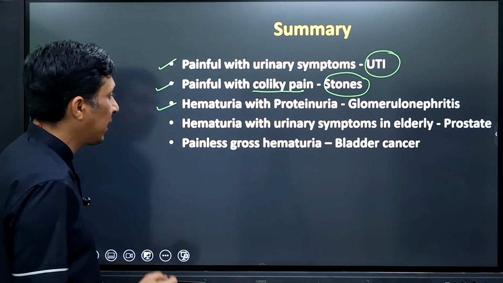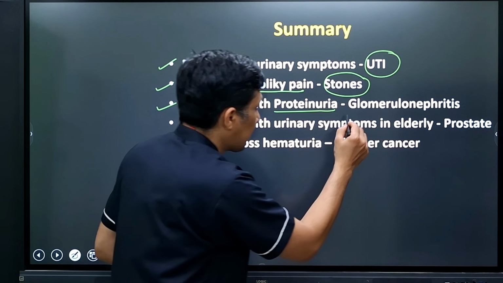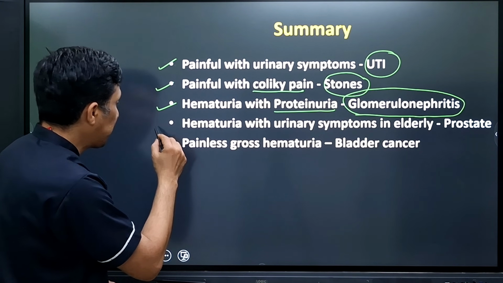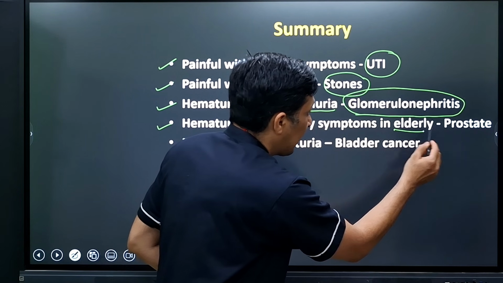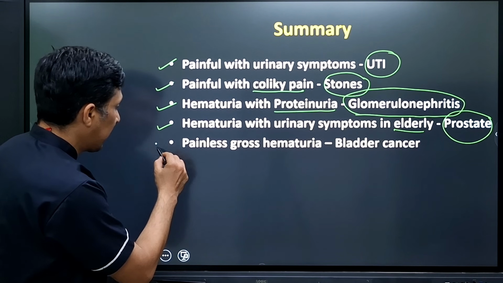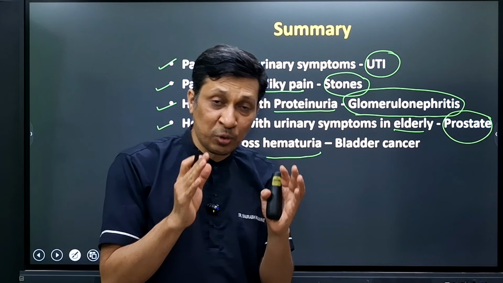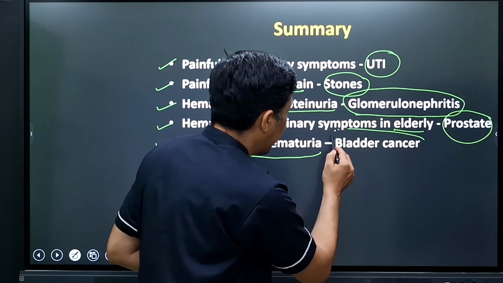If hematuria is associated with proteinuria, then it is glomerulonephritis. If hematuria is with urinary symptoms in an elderly patient, then first it is prostate. And if there is a painless gross hematuria in a patient who is generally more than 50 years old, then it is mostly bladder cancer.